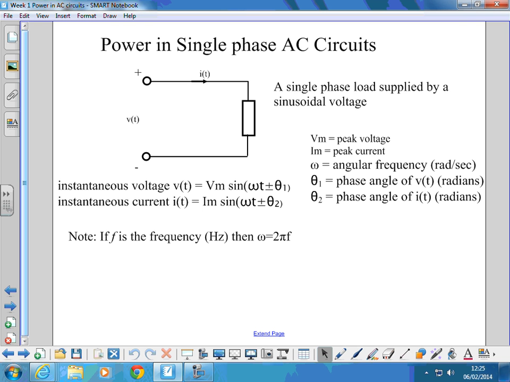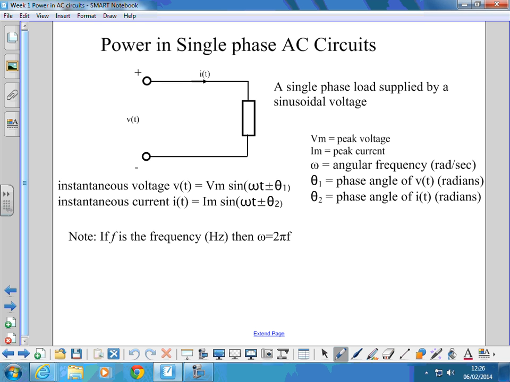For either of those 2 formulas, Vm or Im is the peak voltage or current respectively, omega is the angular frequency in radians per second. The other way of expressing that in terms of the frequency in hertz is that omega is 2 pi f. And that should be familiar from other studies, hopefully. Okay? And in each case, theta 1 is the phase angle of the voltage in radians in this case.